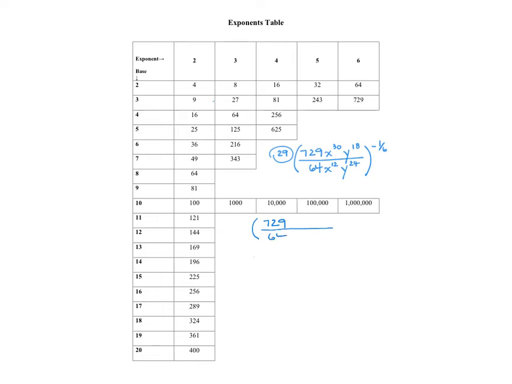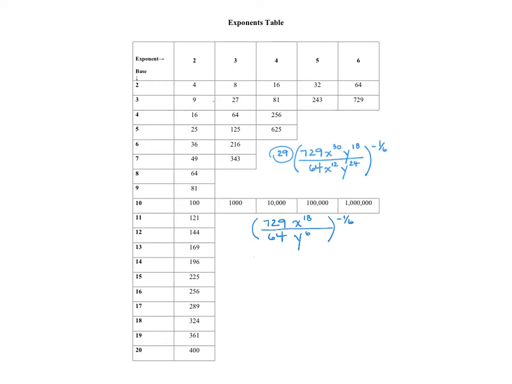So if I subtract 12 from 30, I end up with x to the 18th left in the numerator. And if I subtract 18 from 24, I'll end up with y to the 6th in the denominator, and then raised to the negative 1/6 power.